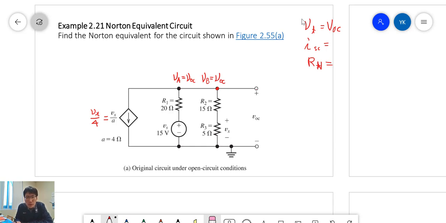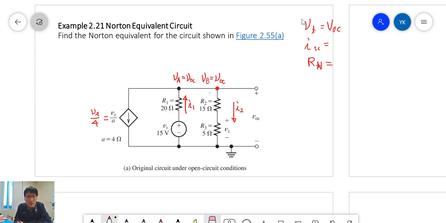And now node voltage analysis at this point, point B. We can set up the current flow. This is the reference, so this one goes down, and we say this one is I2. This one, because of the source, goes up, and we say that is I1.